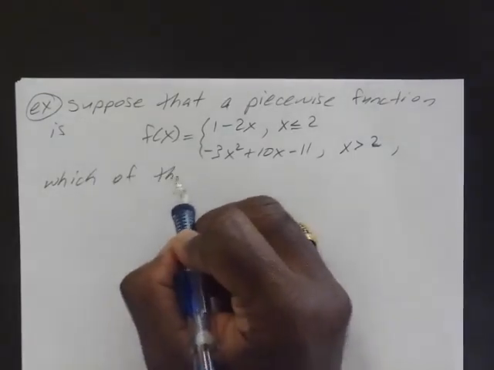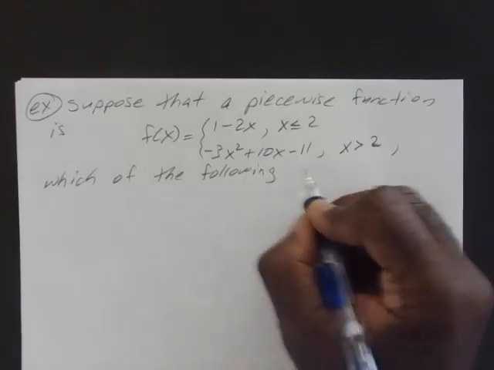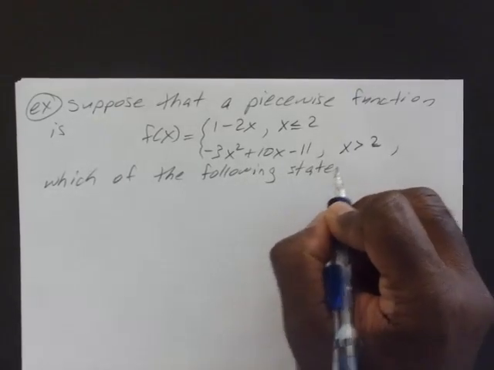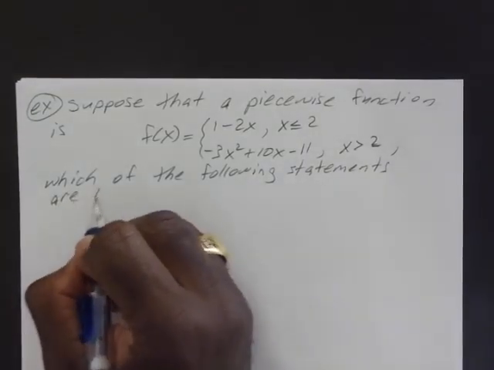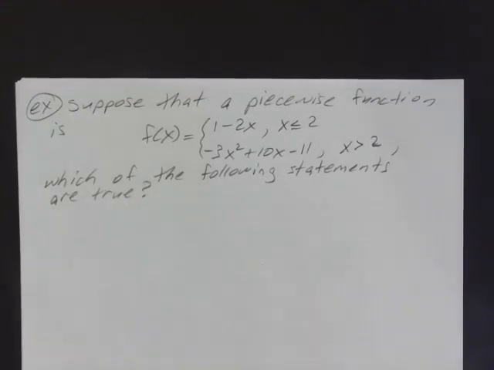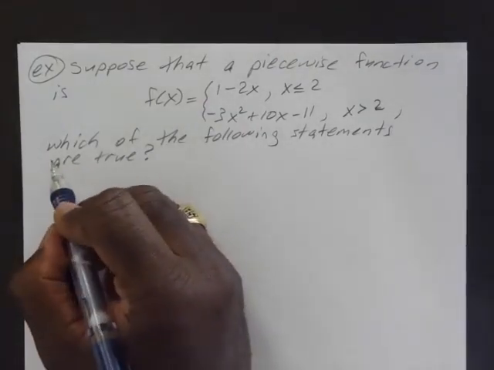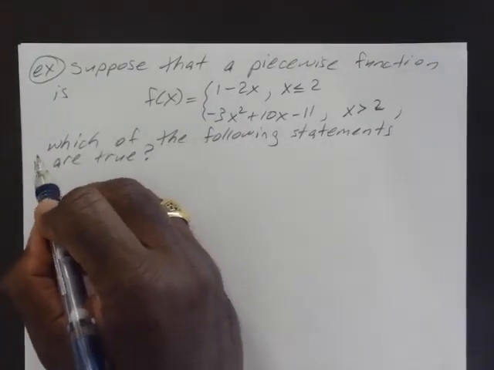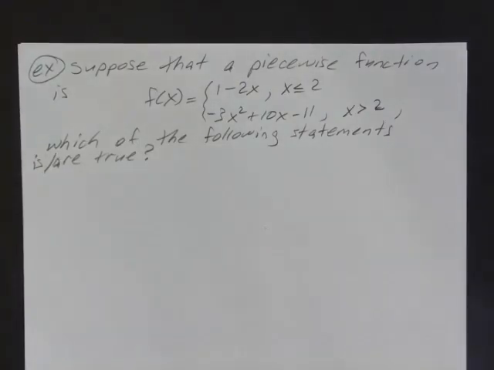Which of the following statements are true? Okay, is or are. Could be one, could be more than one.